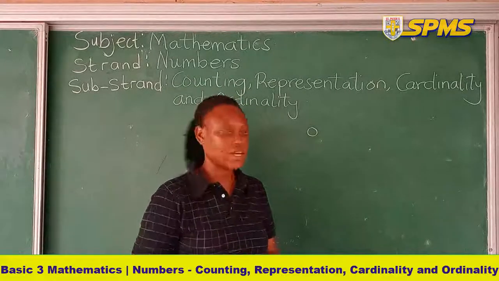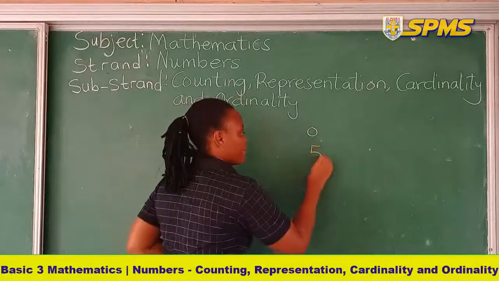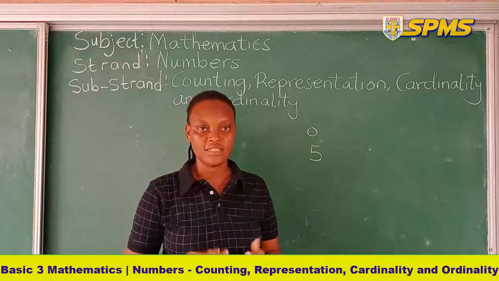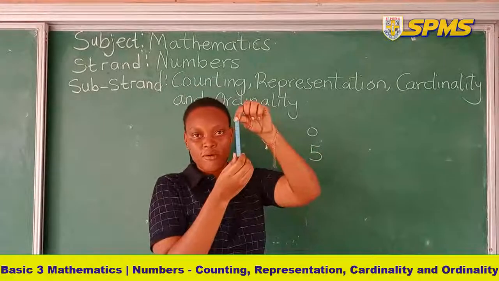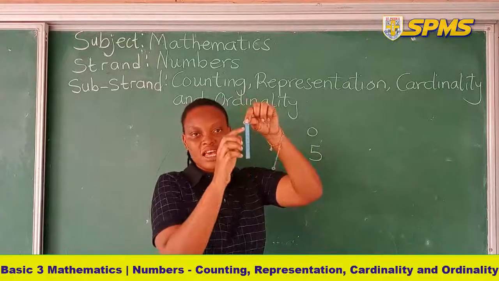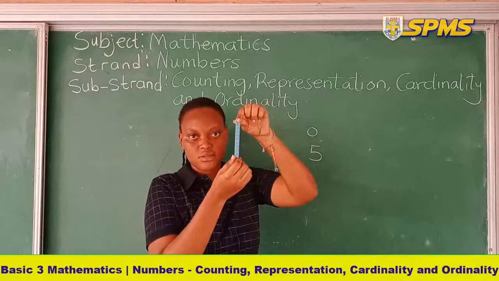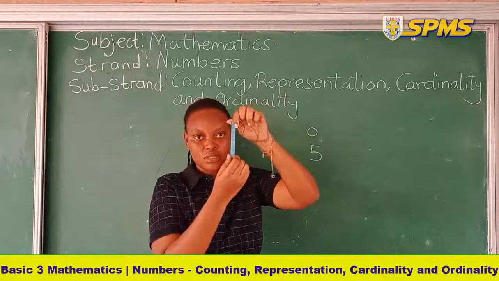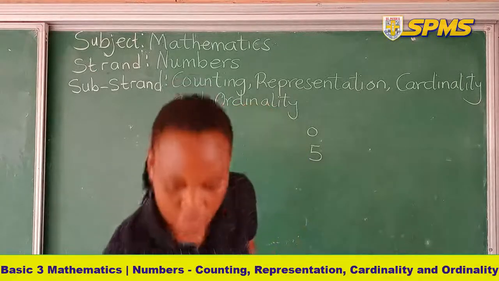So in ones we can say that we have 5 for ones, and then our tens. This is in the form of 10. It is made up of 10 loose blocks. So this represents tens.